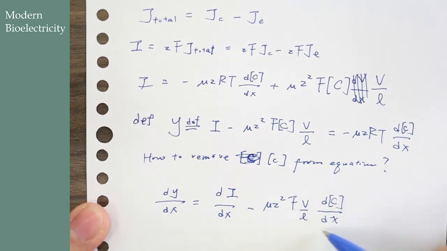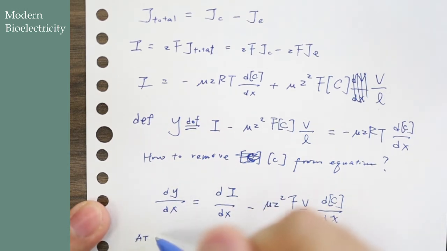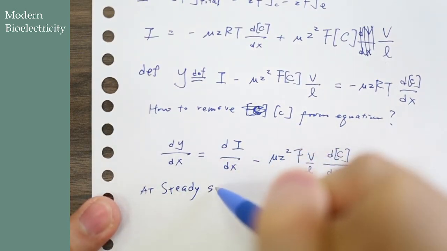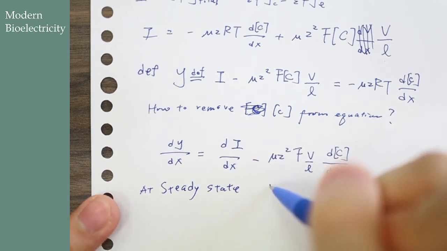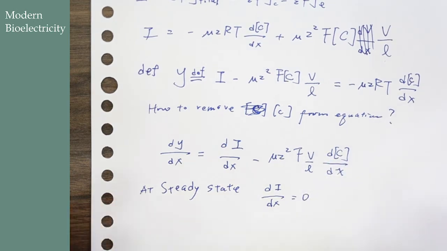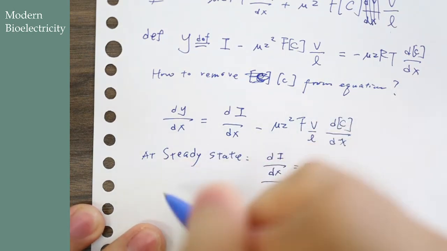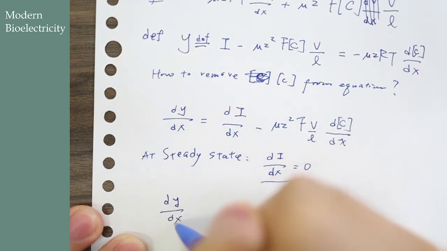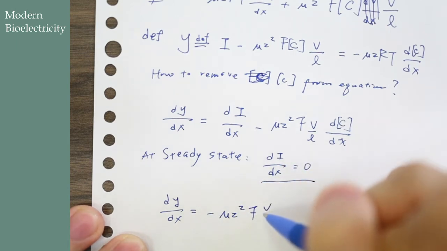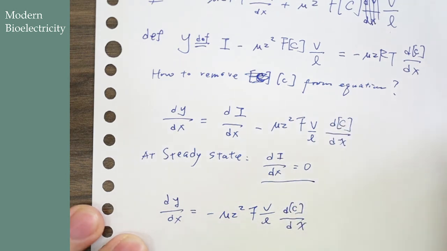Then we have this, right? When we have this, we can do some calculation, and at steady state, dI dx is equal to 0 because the net current flow is 0. So at steady state, dY dx is equal to minus mu Z square F V divided by L times dc dx.